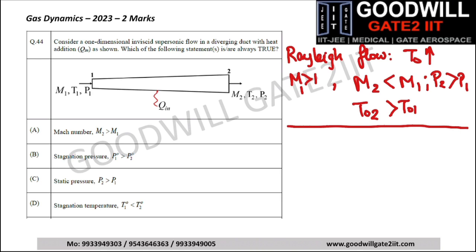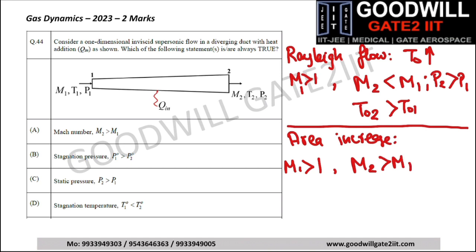Now if we're considering supersonic flow in a diverging duct, so let's say area increase. If M1 is greater than 1, then we know that M2 would be greater than M1 because the area has increased. Now we also know that P2 would be less than P1. So considering all these things, let's look at the options.